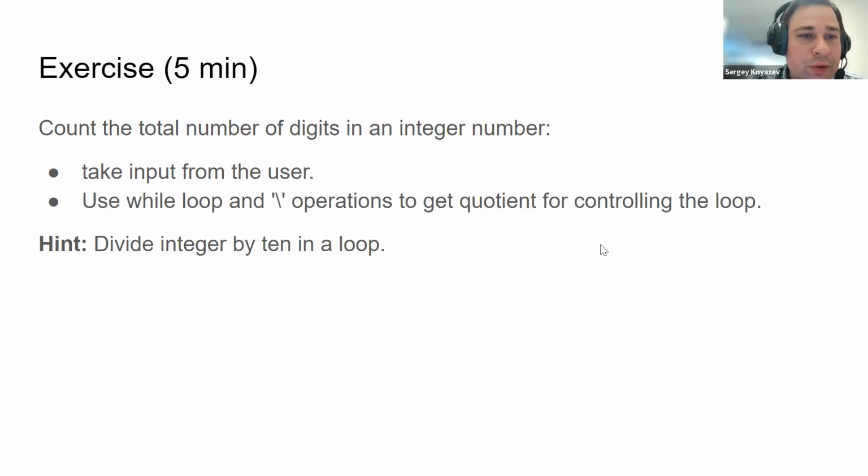So here's your exercise. You need to count the total number of digits in integer number. You need to take input from user, and you need to use while loop and division operation to get quotient for controlling this loop. So you need to divide integer by 10 in a loop, and then just check when it's going to be less than 10.